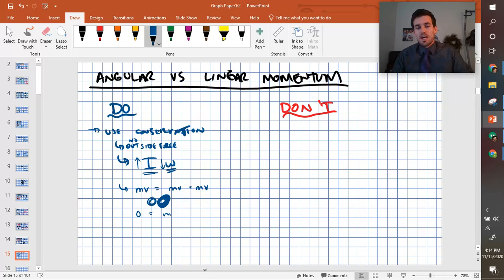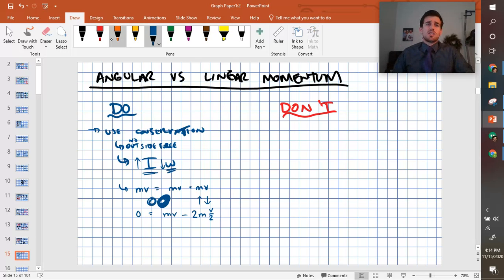So if one of them moves off in one direction, the other one that's twice as big would have to move off with half the speed. We can see it's the same general idea: since this object has a bigger mass, it must have less velocity. So you can definitely use these similar ideas, that more of this value leads to less of this value, when you're using either angular or linear momentum.